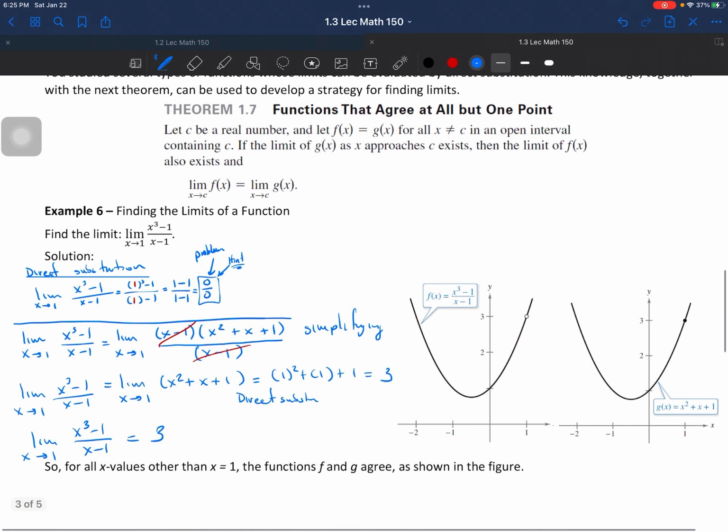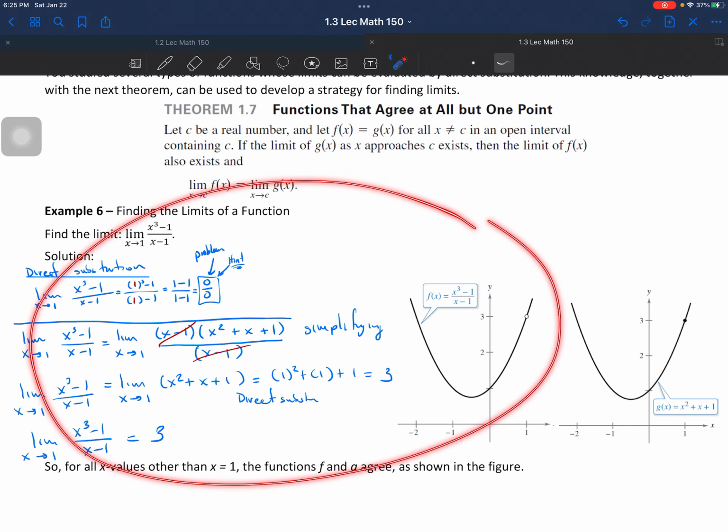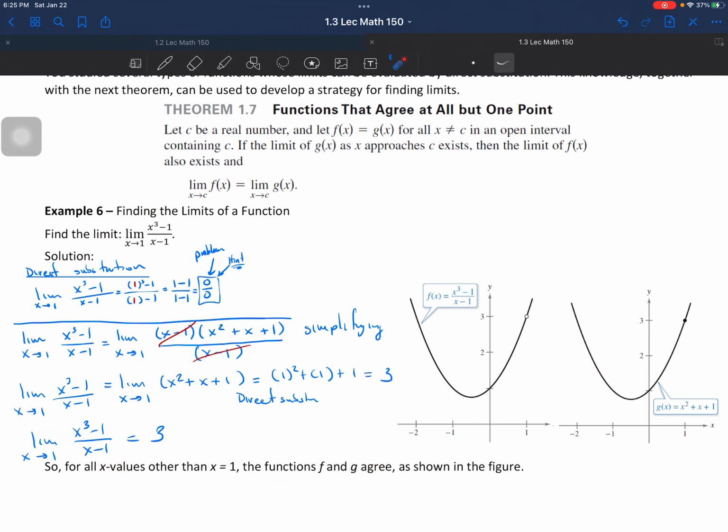Now this happens to be the second most popular approach to find the limit. We already know that the most popular way is by using direct substitution, and most of the time it would work. The second thing to do is to try to cancel by simplifying, which we do by factoring, and then we try to cancel those common factors.